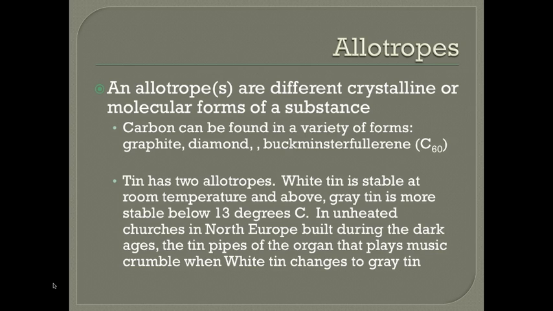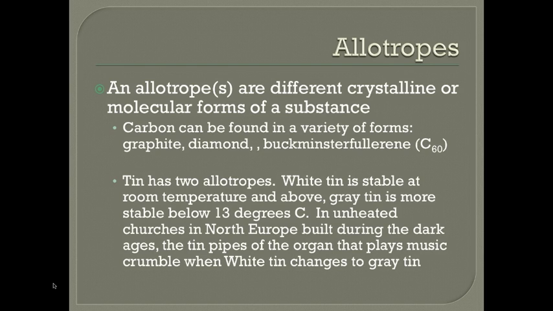Now, this is compounded by the fact that many of the group 14 elements have allotropes of one another. An allotrope is a different crystalline or molecular form of a substance. We'll talk specifically here today about carbon. Carbon can be found in at least 3 different forms: graphite, diamond, and Buckminster fullerene. Buckminster fullerene was only discovered in the late 1970s. Tin has 2 allotropes.